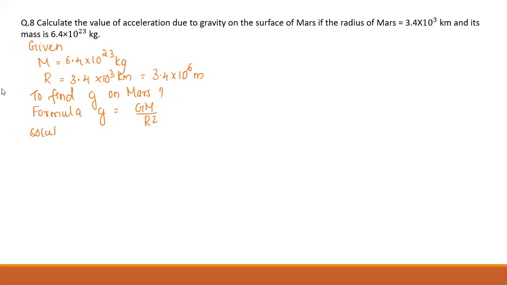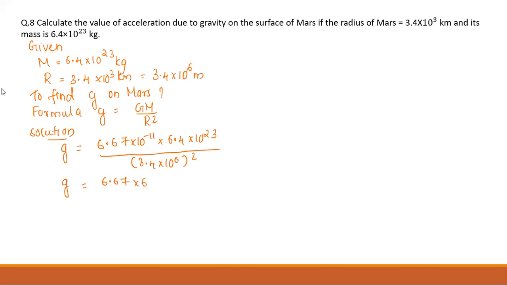Solution: g is equal to universal gravitational constant 6.67 into 10 raised to minus 11 into mass 6.4 into 10 raised to 23 divided by R square, that is 3.4 into 10 raised to 6 the whole square.